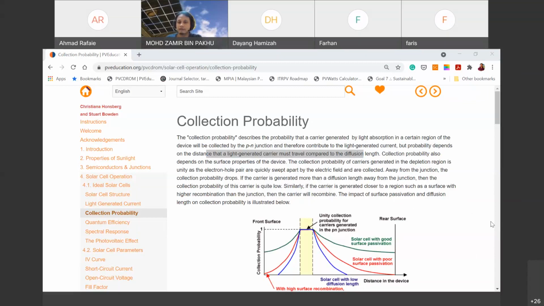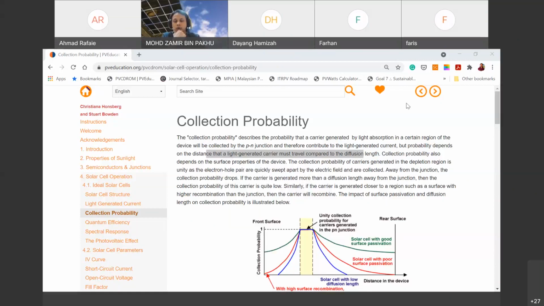On the other hand, if the diffusion length of the carrier, either for electron or for hole, is less than the distance it has to travel, so it has to travel so long in order to be collected but the diffusion length is only so short, the carrier will not be collected. It will recombine before it gets collected.